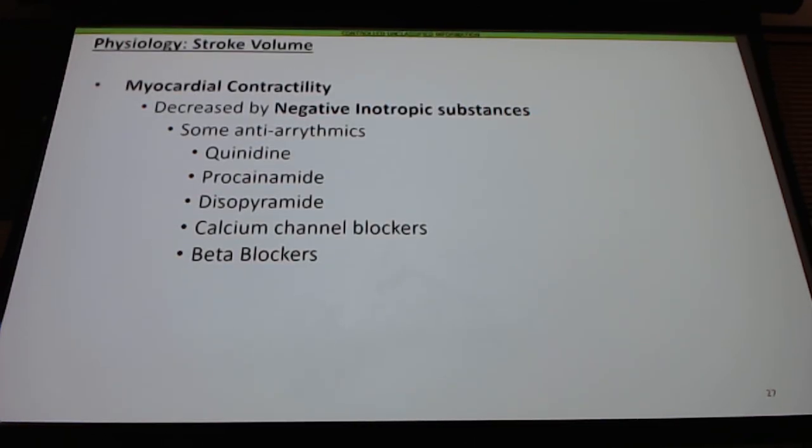But there are other medications that could make the squeeze not as strong, make it weaker. And that's important to know, because what if I'm prescribing somebody something for malaria prophylaxis and they happen to have heart failure? Is that a medication I'm going to want to give them, right? So it may change how you manage these patients.